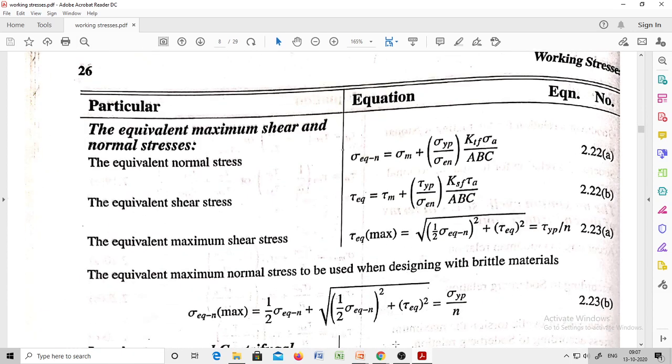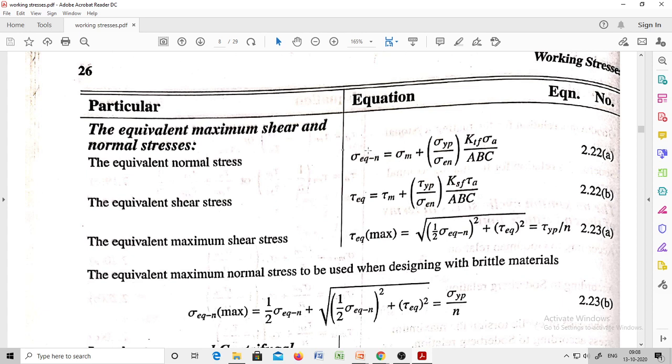Suppose the equivalent maximum shear stress and normal stress when it is subjected to fluctuating loads, either normal stress or bending stress. Similarly, the equivalent shear stress. Now, the equations are 2.22a and 2.22b.